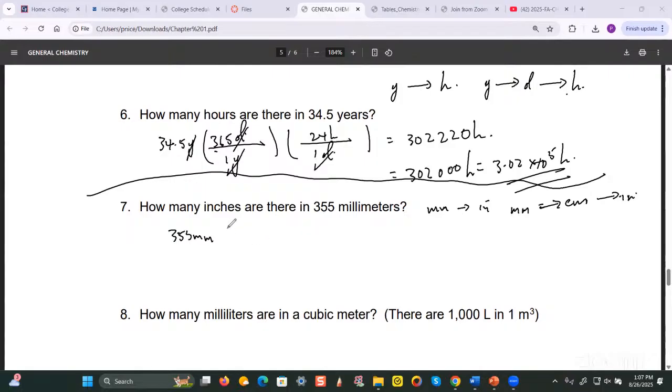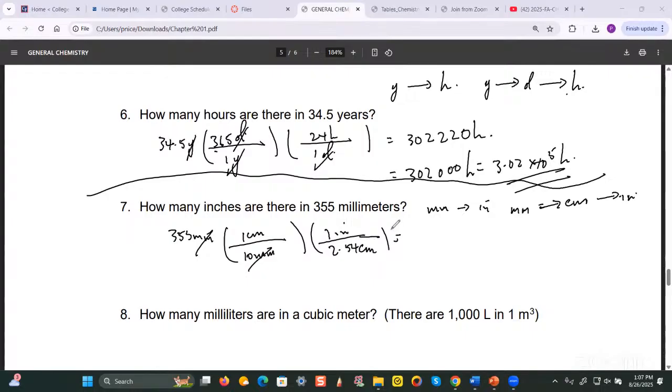So what I will do first, to go from millimeters to centimeters, 10 millimeters will be equal to 1 centimeter. So you're going to have 1 centimeter above as the numerator, 10 millimeters below as the denominator. Those units will cancel out. And then the next step is to go from centimeters to inches. We know that for every 1 inch, there are 2.54 centimeters.